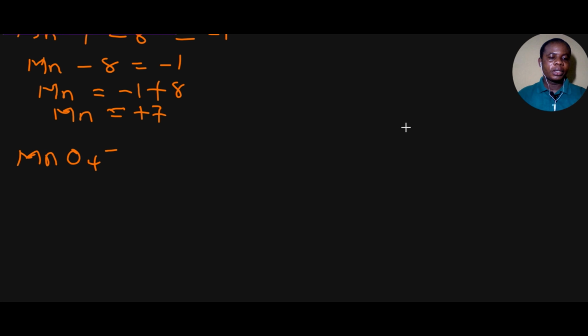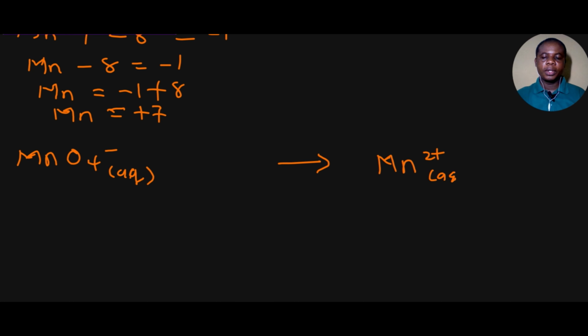MnO4-, aqueous, to Mn2+, which is also aqueous. This moves from +7 to +2. It is definitely undergoing reduction.